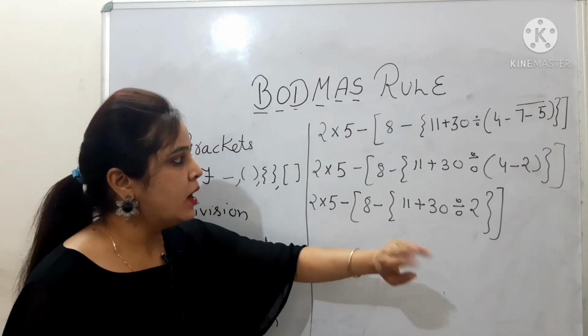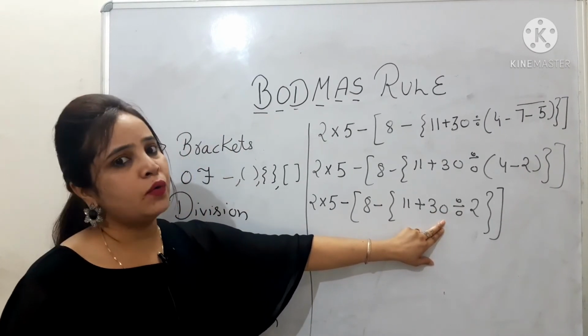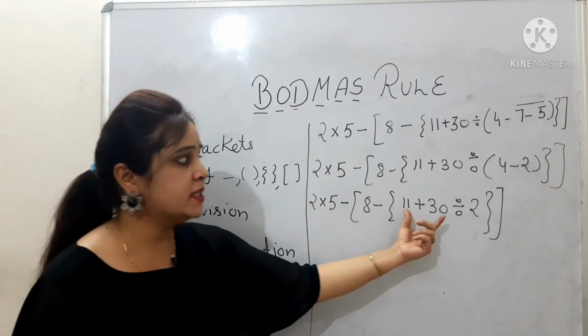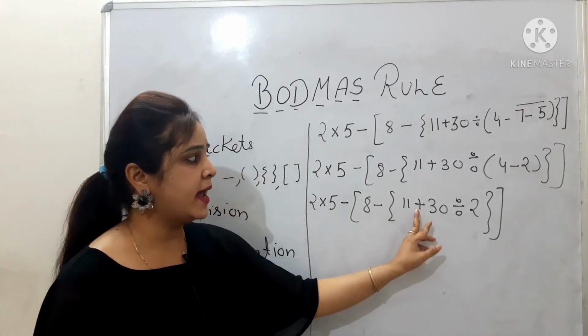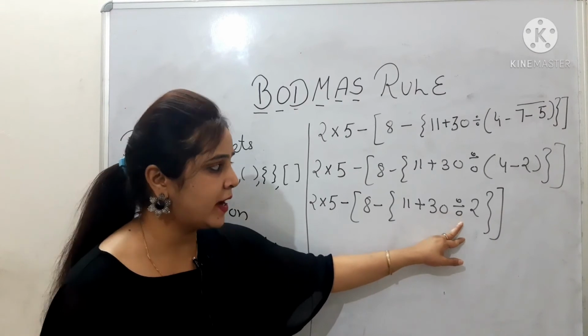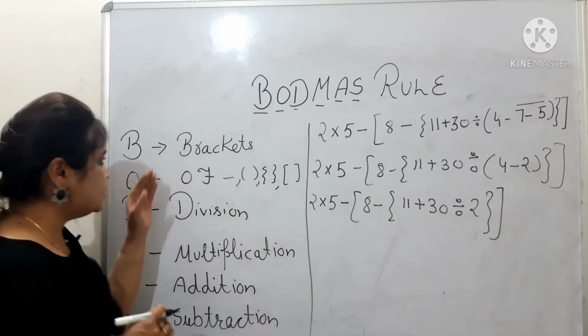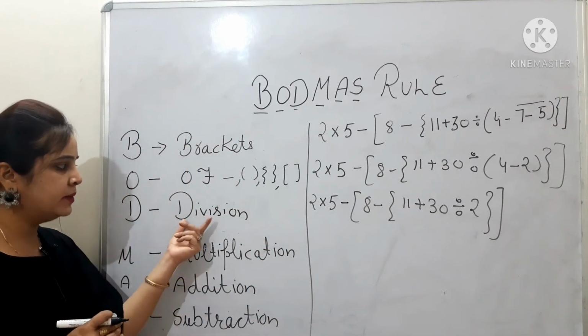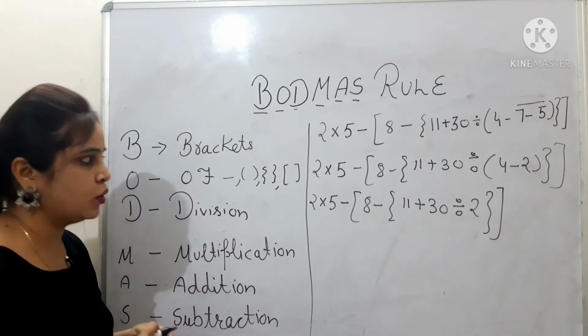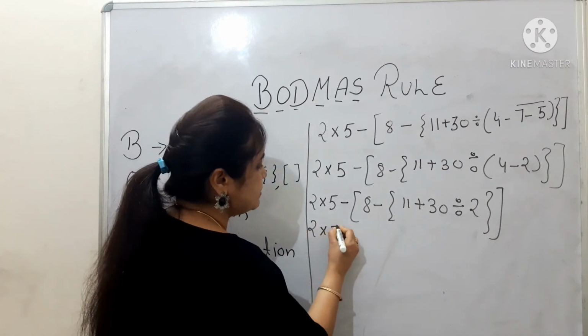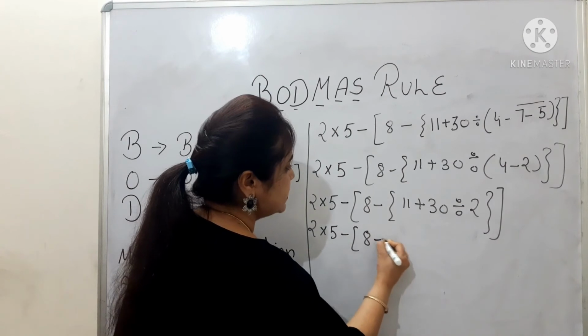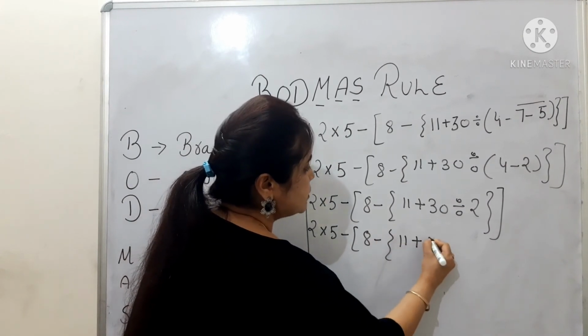Clear? Now our next task is to solve our curly brackets. If you can see here, under curly brackets we have the plus operation and the divide operation. So as per our BODMAS rule, division will be performed first of all. So it will be 2 multiplied by 5 minus 8 minus 11 plus 15.